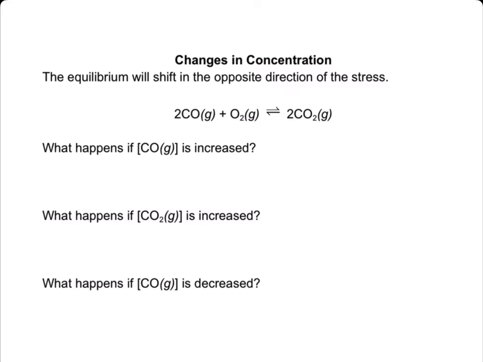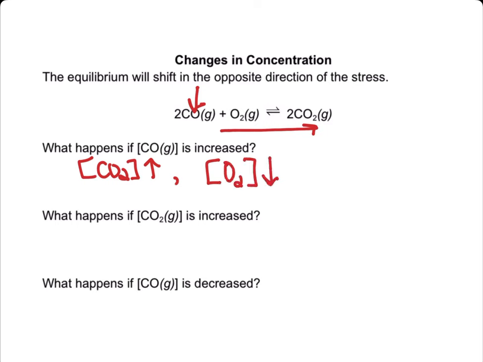So in terms of stress, that means I'm adding stress to the left. So that means the reaction wants to counteract that stress and go towards the right. So if I'm adding stress on the left, that means I'm going to be increasing the concentration of CO2, and I'm going to be decreasing the concentration of O2.